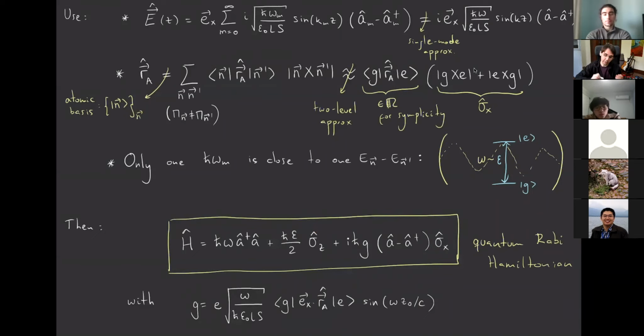Okay? And this is the Hamiltonian that we need to solve. It's really interesting that this Hamiltonian, even if it looks so simple, remained without an analytic solution until recently, maybe 10 years ago or something like that.